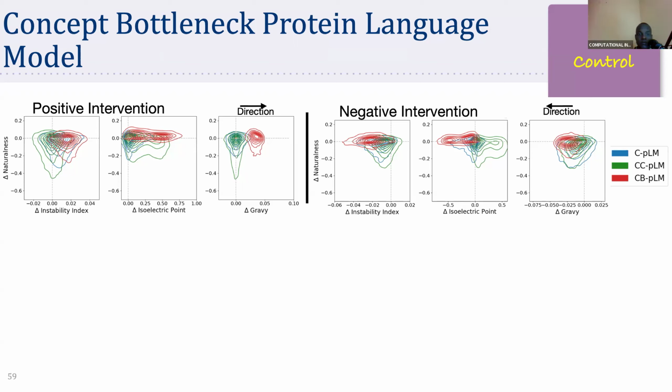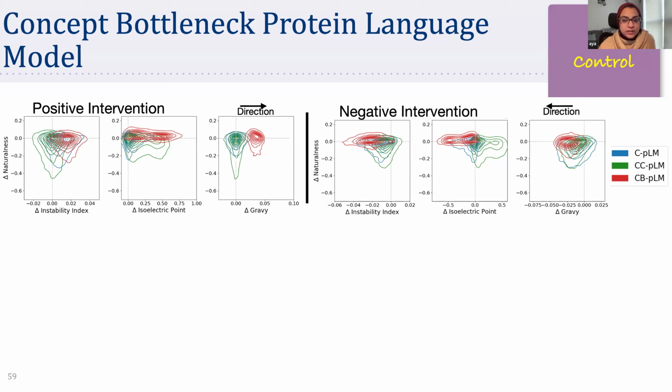Okay. So in terms of the results, where do you find an optimal sort of intervention for the best result? So, I mean, it depends. You can change it as much as you want, but you want to have some sort of constraint where you say, I want to change a property without changing the protein too much.